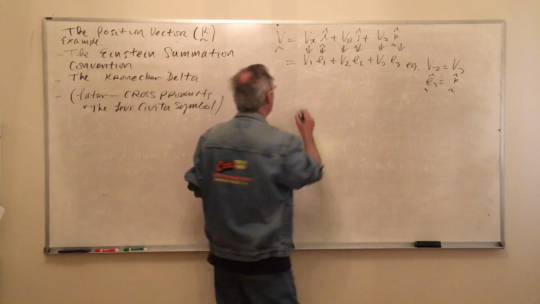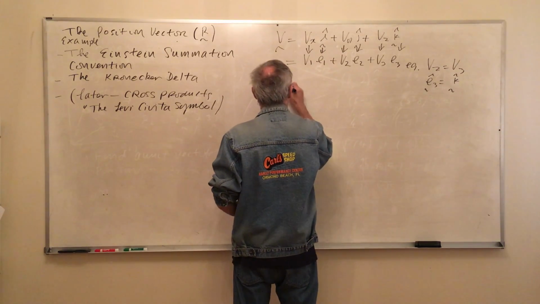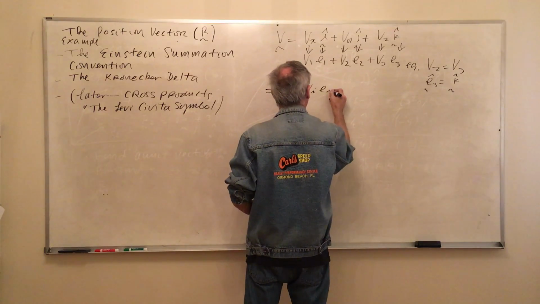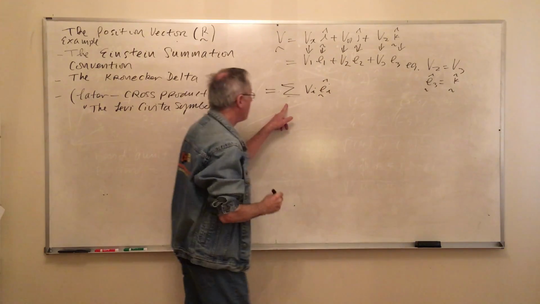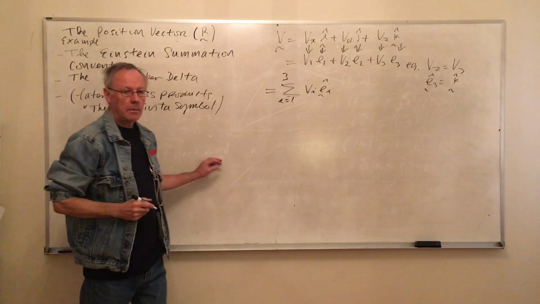Now we're adding up these things, so we can use the summation symbol, because we're going that plus that plus that. We're summing from i equals 1 to 3. Okay?